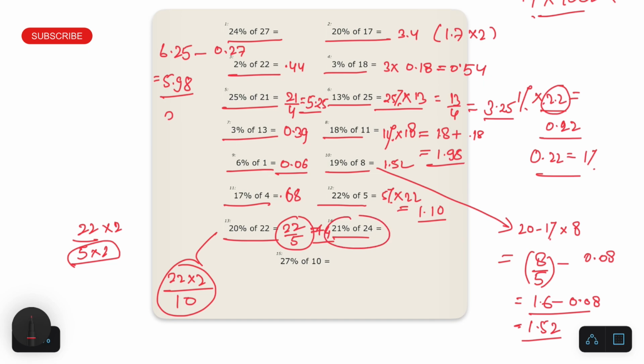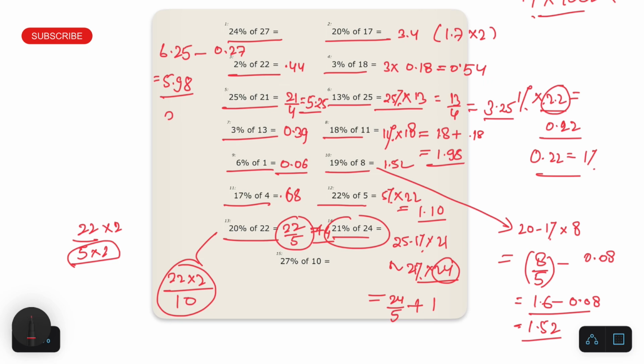21% of 24. This can be done both ways. 25% minus 4%, or 21% of 24. Both are easy. What is 20% of 24? 24 by 5. This is 20%, and plus 1%.